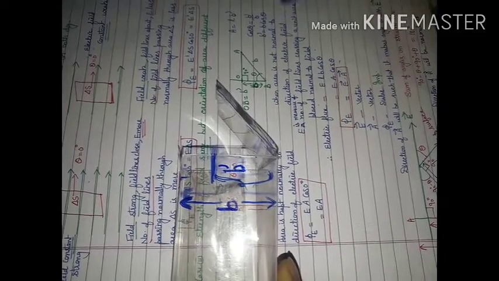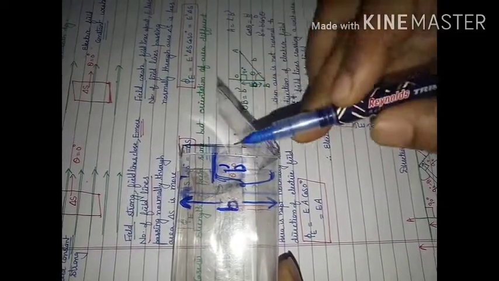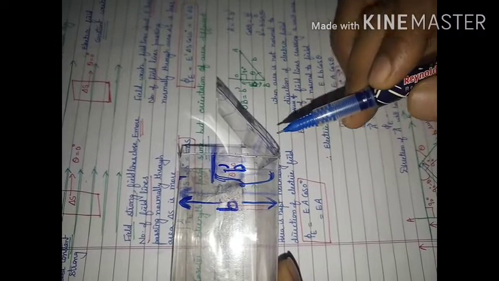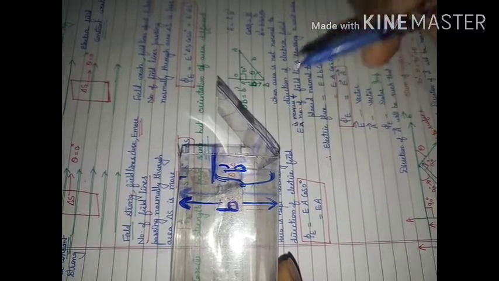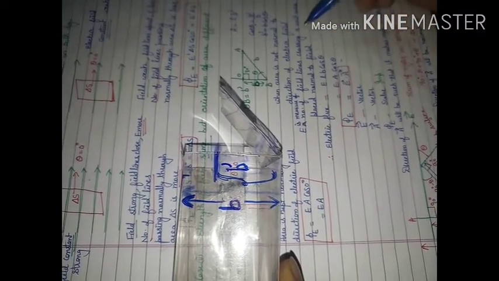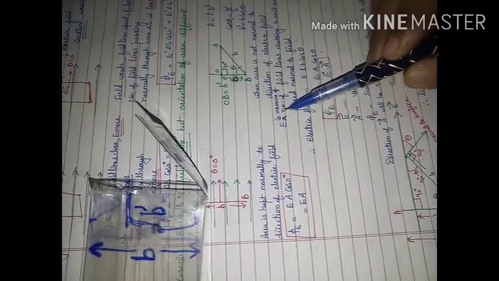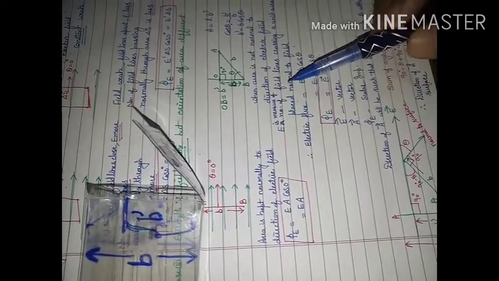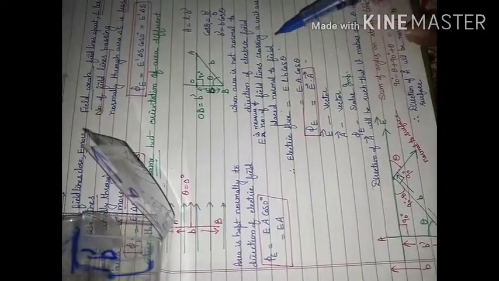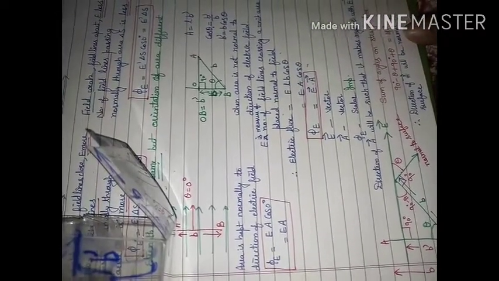And how much flux is passing through this? How many electric field lines are crossing it normally? For this we will use one formula, and we will use this definition that electric field intensity gives me the number of field lines passing through unit area.